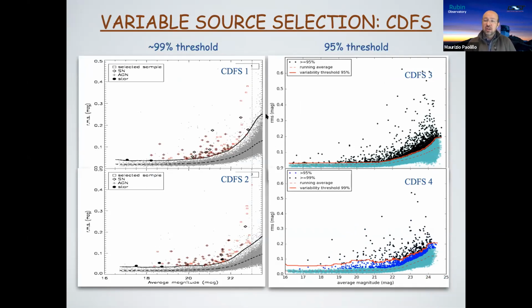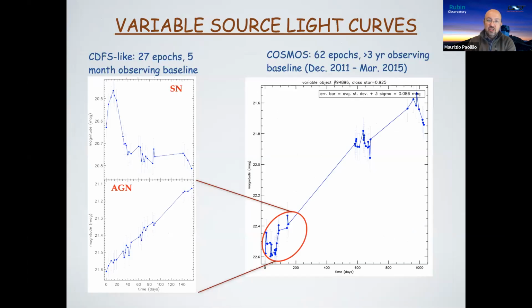So the goal here was to try to understand what we could retrieve based on just variability without any other color selection or any additional diagnostic. So this is an example of a light curve in the Cosmos field, and the CDFS.